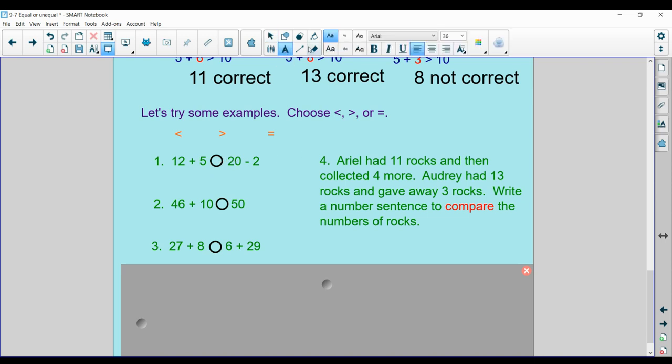Well, 12 plus 5 is 17. 20 minus 2 is 18. So I know that 17 is less than 18. So my symbol is less than.